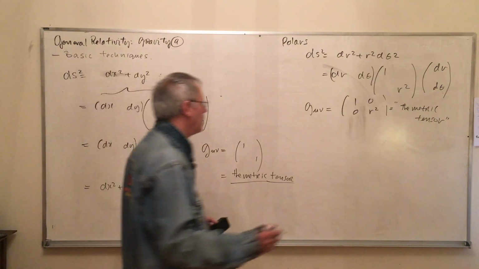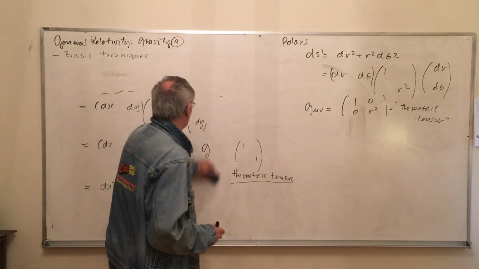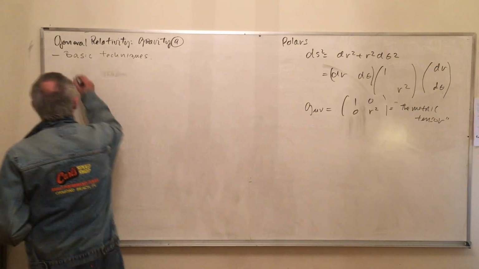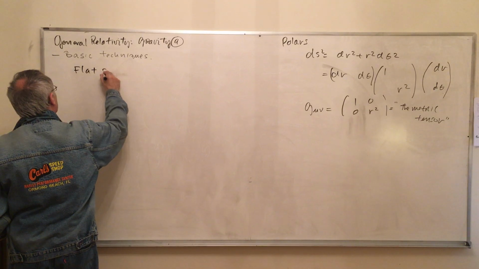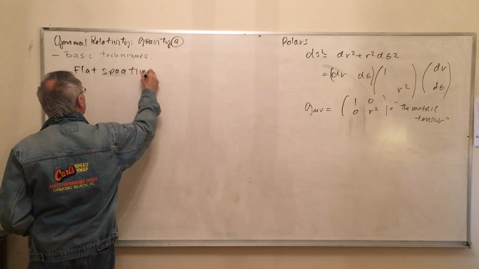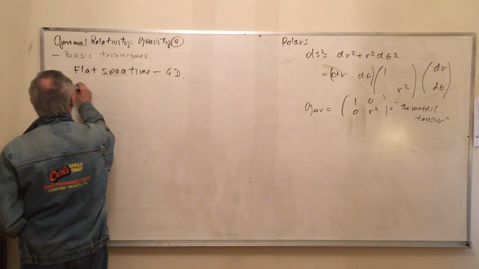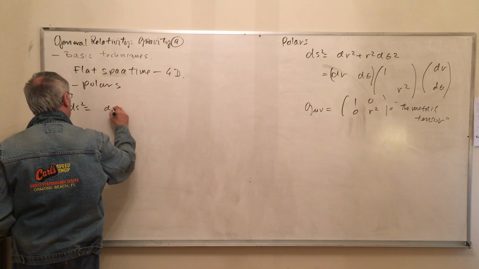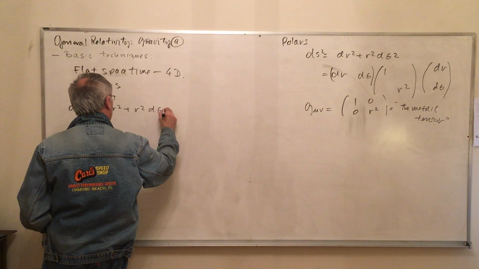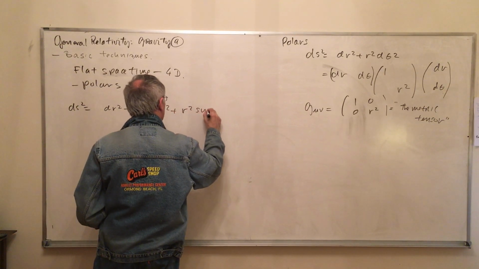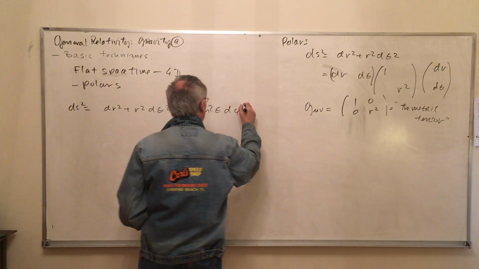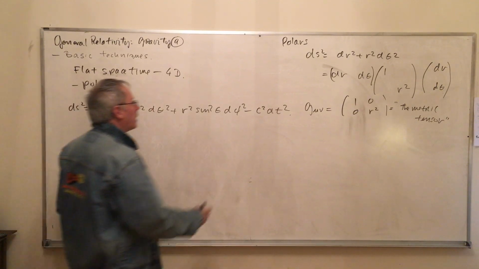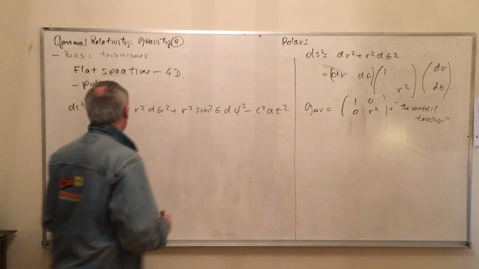Actually, let's do it in 3 dimensions. Let's do it in 4. So in 4 dimensions, that's what it looks like. Let's write the metric tensor.